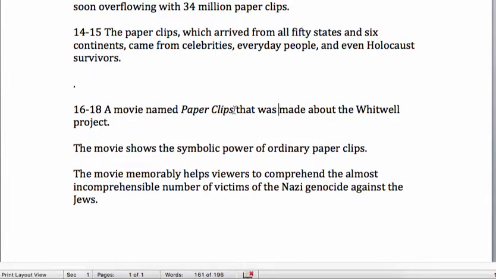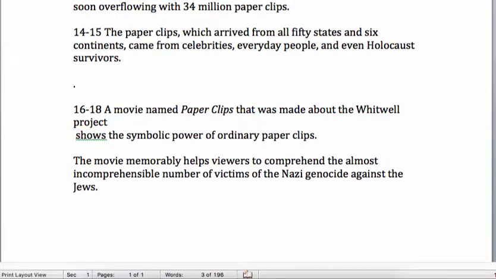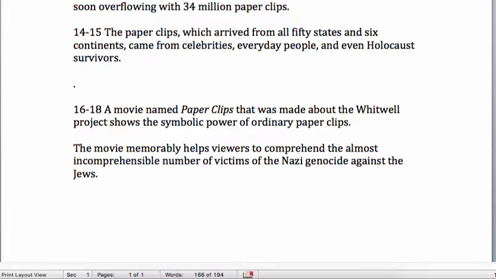So I'm making this into the relative clause. Shows the symbolic power of ordinary paper clips.